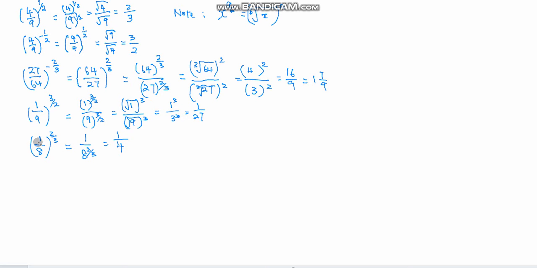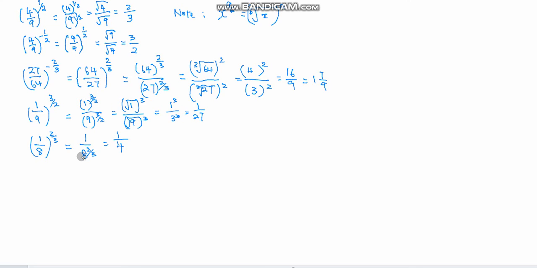Let me repeat again. If you have 1 to the power of any value, if you take the positive value, it will remain positive. It will always be 1. So from this step to this step, the 1 you just write as 1. But for the denominator, which is 8, you still have to take the power from here and put it here.